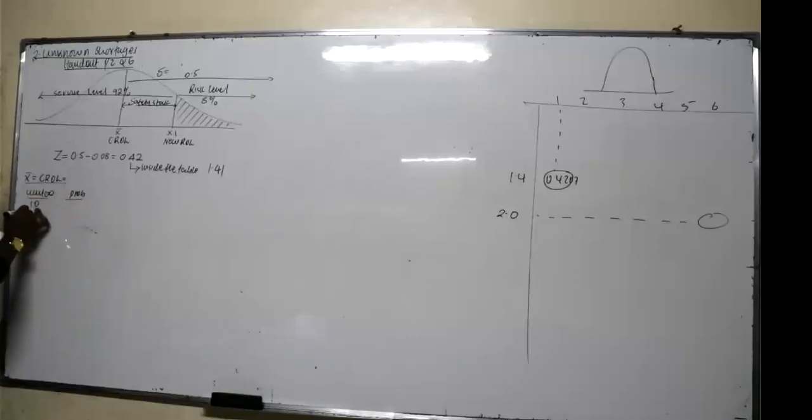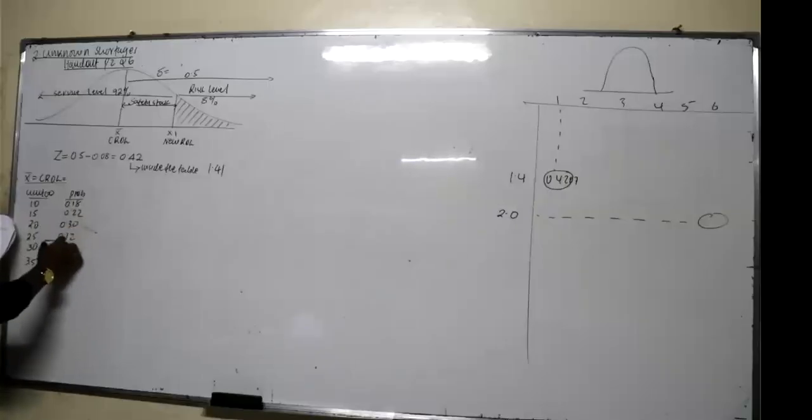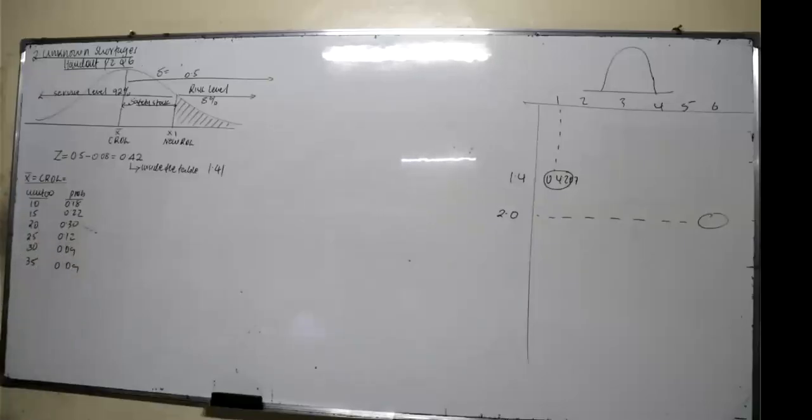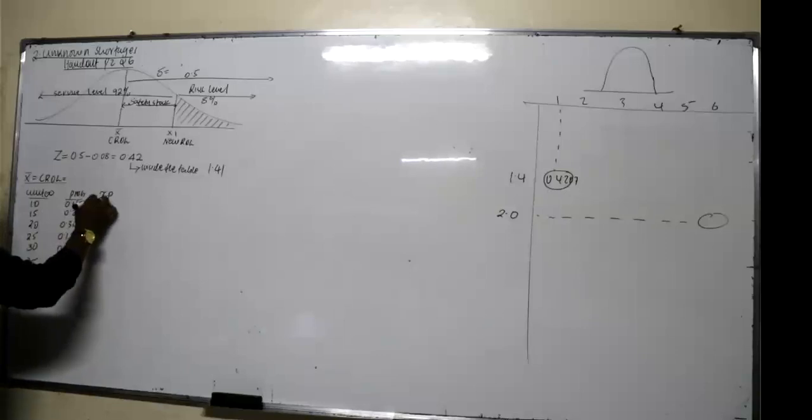So we have 10, 15, 20, 25, 30, 35. We have the probability 0.18, 0.22, 0.30, 0.12, 0.09, 0.09. So to get the average, that's the expected value, you take X times P.